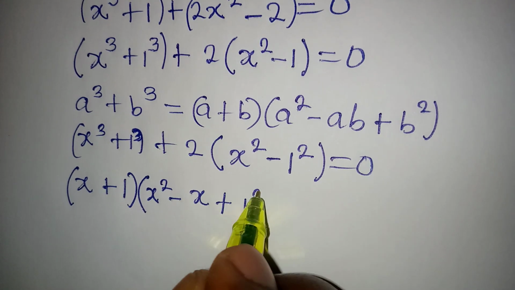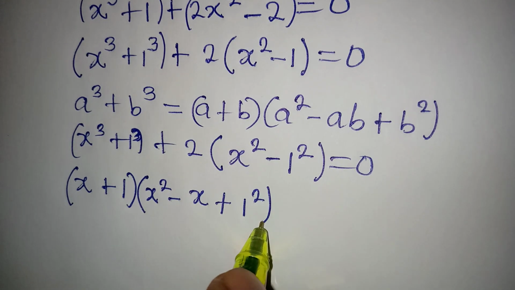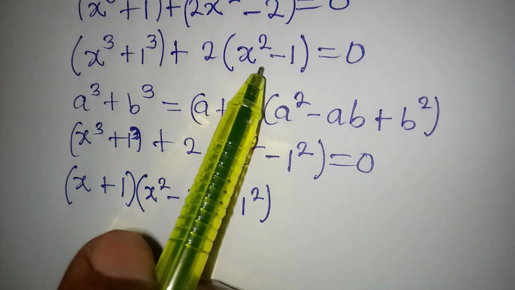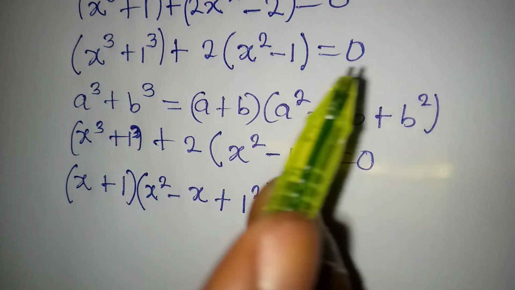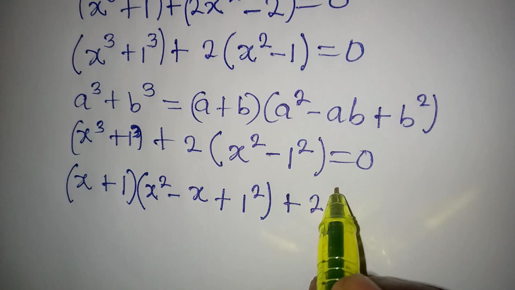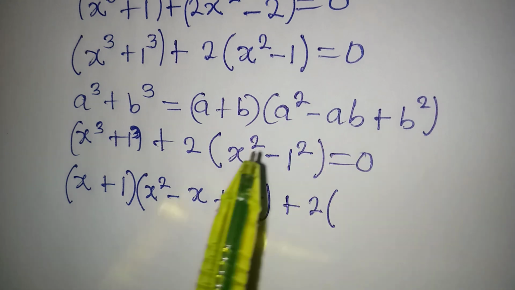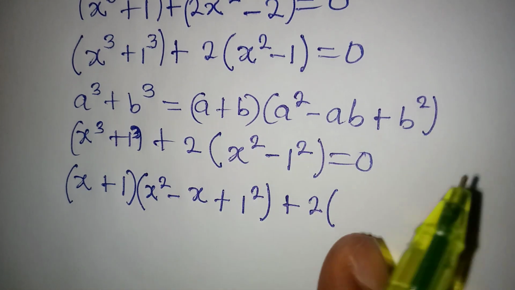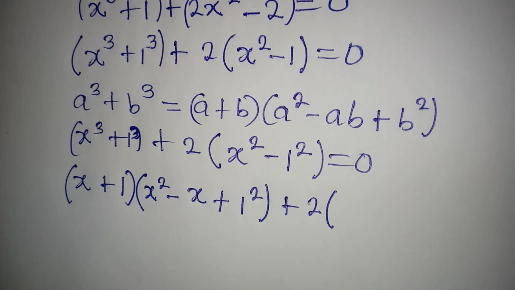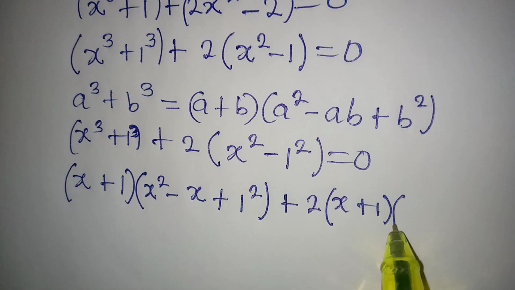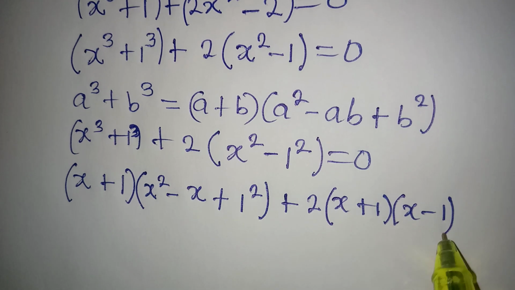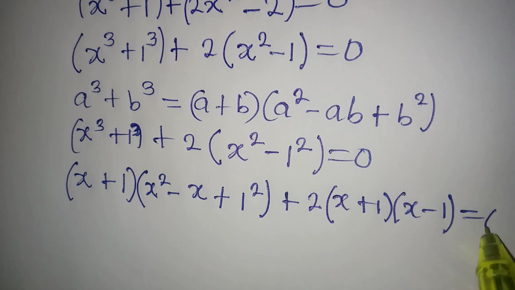That will be 1 squared, right? Close this. Then I'm going to this to the second term here. So we have 2 into, okay, we have x squared minus 1 squared, right? So we can apply difference of 2 squares as we have x plus 1 into x minus 1. Now the whole of this is equal to 0.